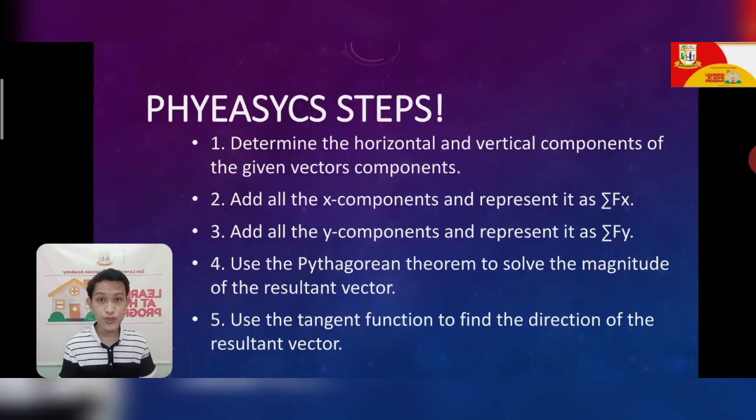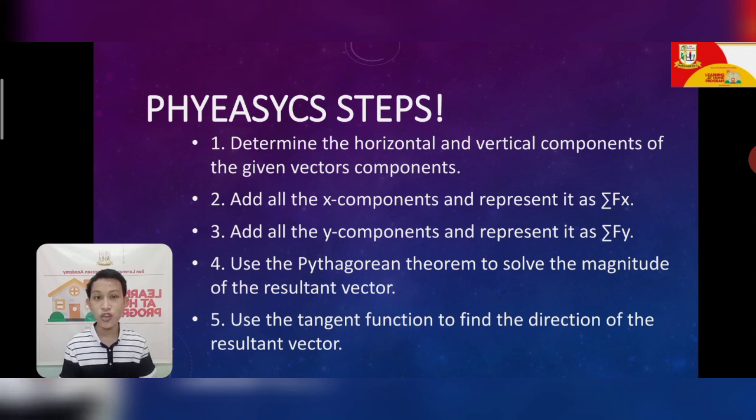Now, to summarize what you have learned in this video, these are the 5 easy steps you can use to add vectors using component methods. First, determine the horizontal and vertical components of the given vectors. Second, add all the x components and label it as summation of f of x.